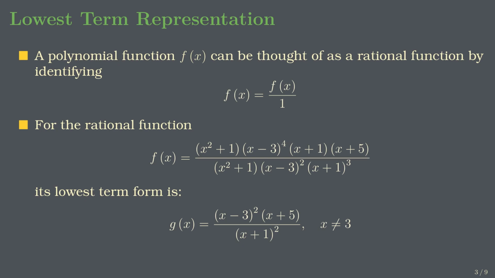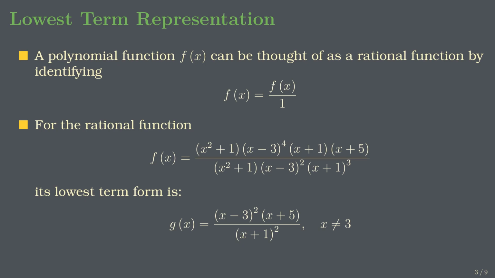For example here, if you write f(x) in lowest term form, then you already get rid of the factors x squared plus 1 and x minus 3 from the denominator, right?